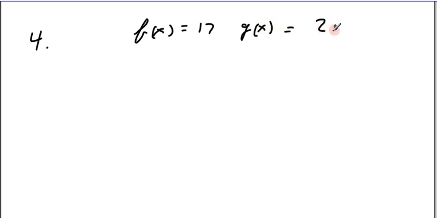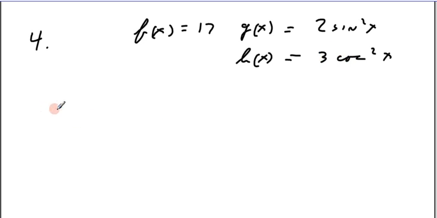Okay, and what we have is f of x is 17, g of x is 2 sine squared x, and h of x is 3 cosine squared x.